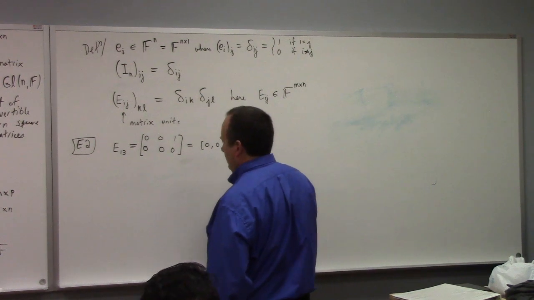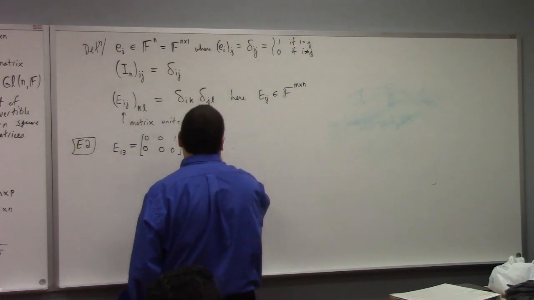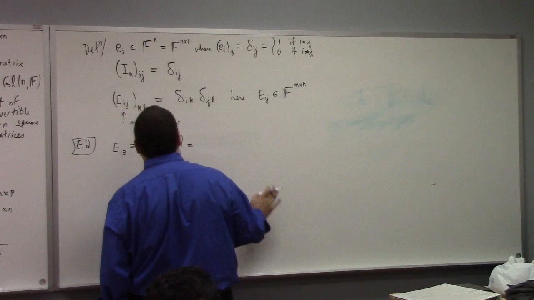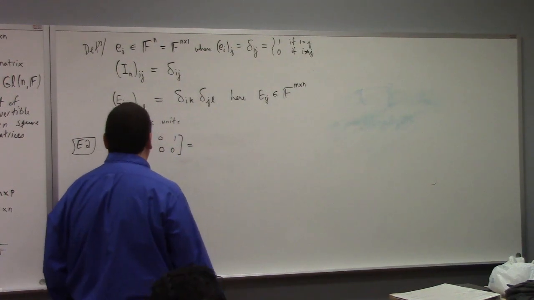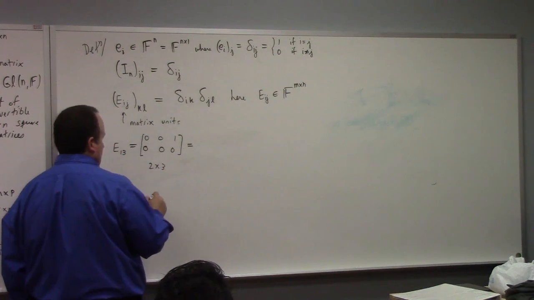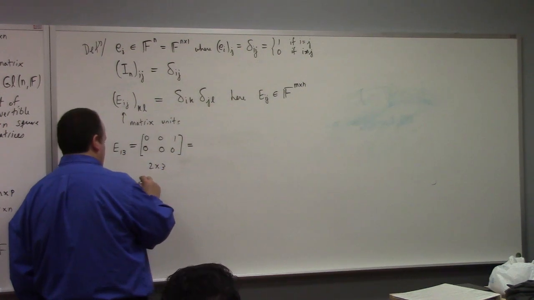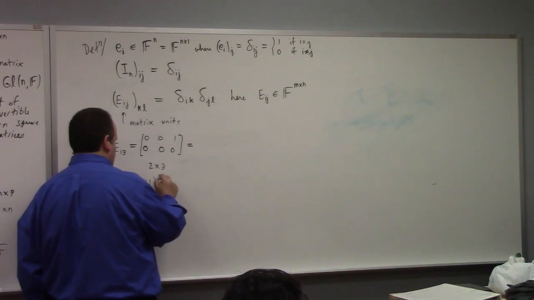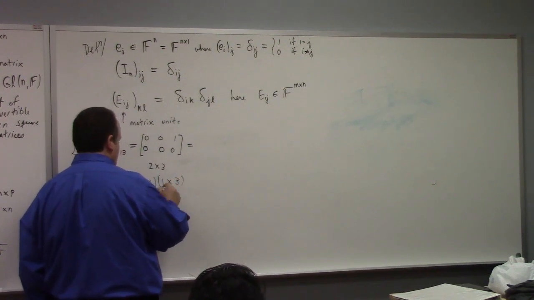No, other way around. My bad. I'm trying to think of this as a 2 by 3 matrix. I want to write it as a 2 by 1 times a 1 by 3.